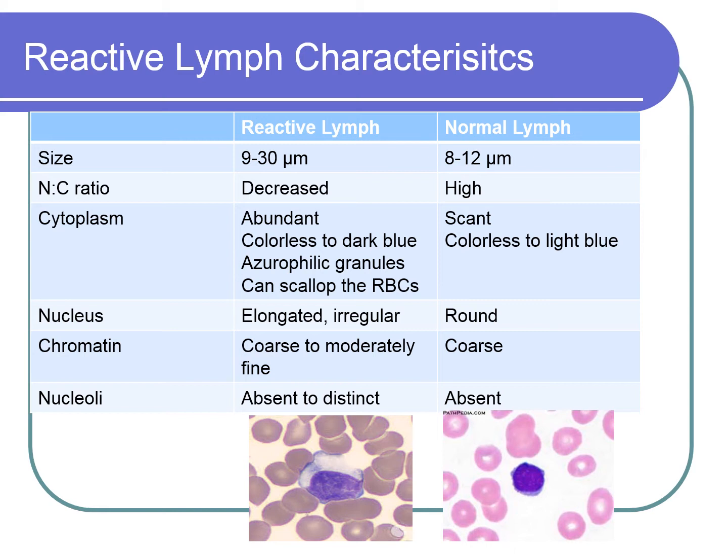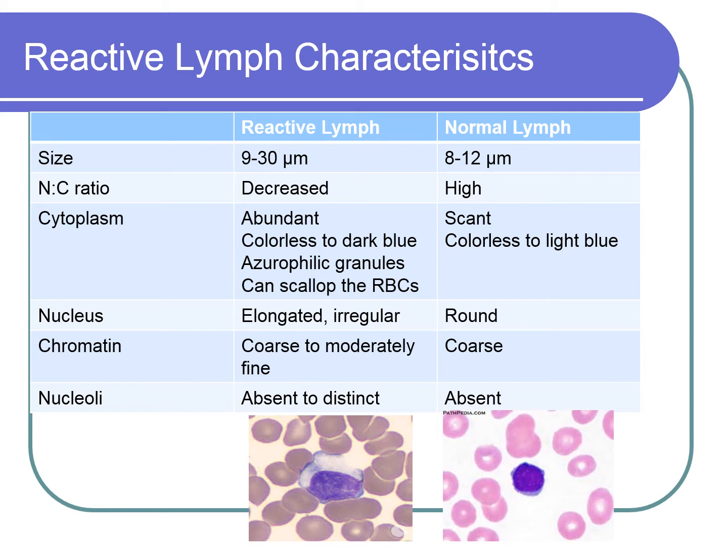The normal lymphocytes have a smaller size, between 8 to 12 micron. The reactive is slightly or a little bit larger. The nuclear cytoplasmic ratio is high in the normal lymphocyte, and it is decreased when we have a reactive lymphocyte.